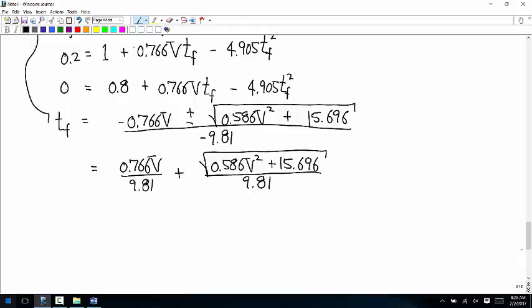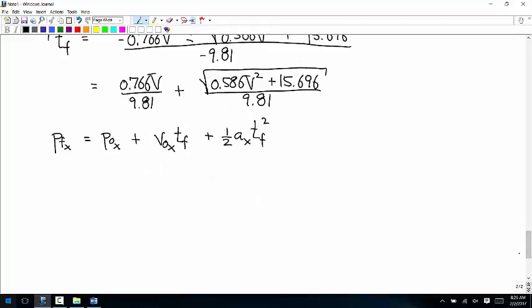I think probably the X version of the one we just used. So PFX is equal to P0X plus V0X TF plus 1/2 AX TF squared. AX is equal to 0, so that goes away.